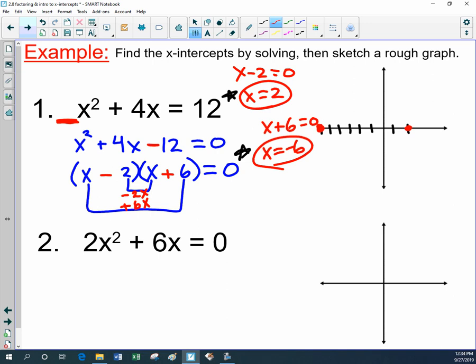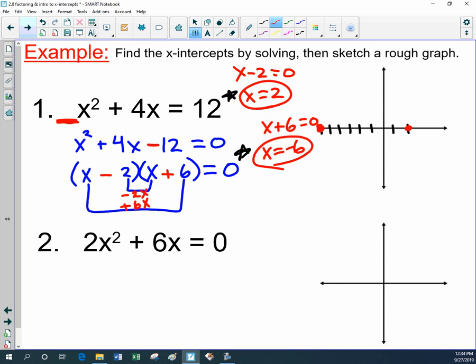To find halfway between these two, add them together. When you're trying to find the middle of two numbers, you're taking the average of them, right? Let me do it over here to the side. Negative 6 plus 2 divided by 2. Negative 6 plus 2 is negative 4. Negative 4 divided by 2 is negative 2. So negative 2 is halfway.